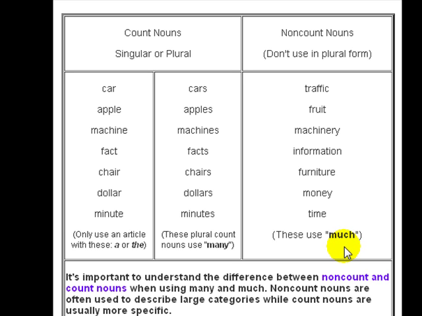There is much traffic. There is much fruit. It's a very collective word that includes many different things in that group. So with the non-count, we use much. With the counting words, we use many in the plural form, and in the count nouns, we can use a or the in the singular form.